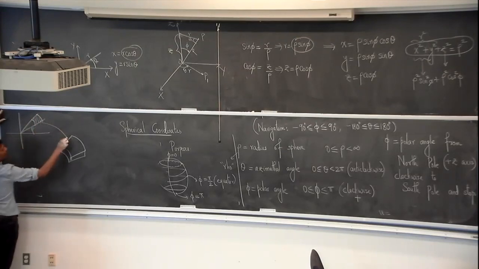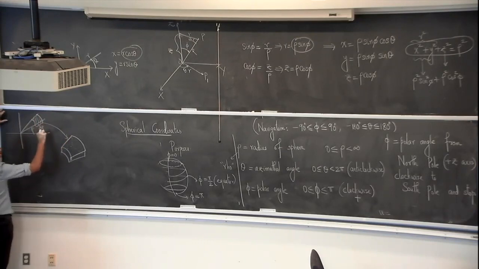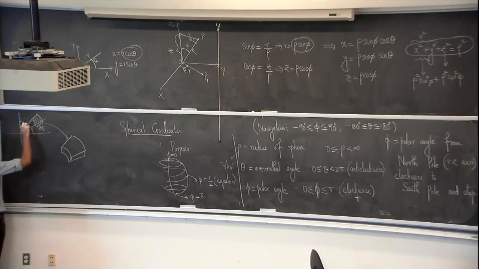Okay. So this radius is d rho, that is a small increment. This is phi, and this is d phi. As usual, we have an increment which is both in terms of the radius and in terms of the angle. Okay.